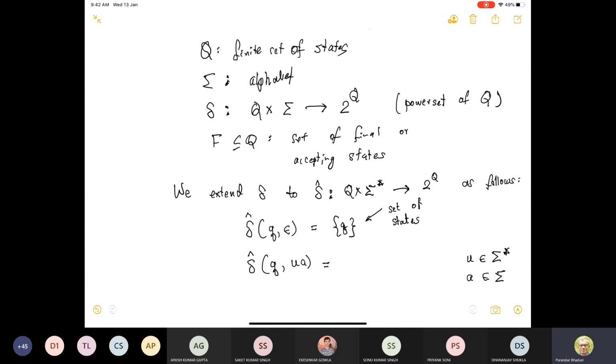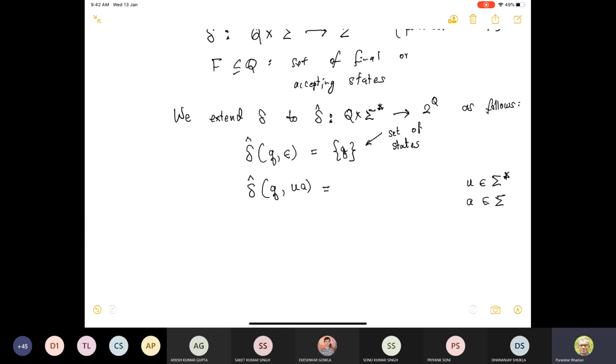Well, we first apply, well, let me write it down first and do the explanation later. So this is a set, right? So how do we define this set?